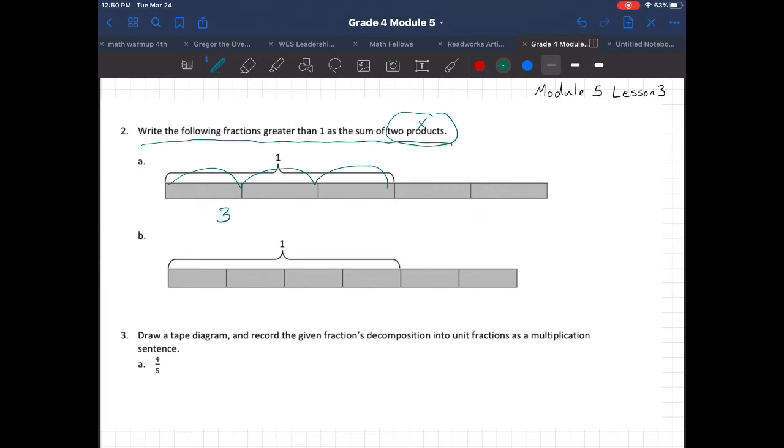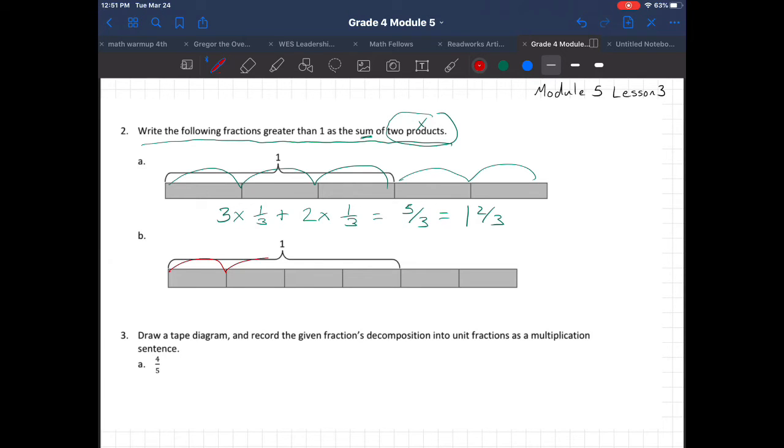So that first part is 3 times 1/3. And we're doing the sum of, so we're adding. Now I've got 2 more jumps. 3 times 1/3 plus 2 times 1/3 equals a total of 5/3, which equals 1 and 2/3.